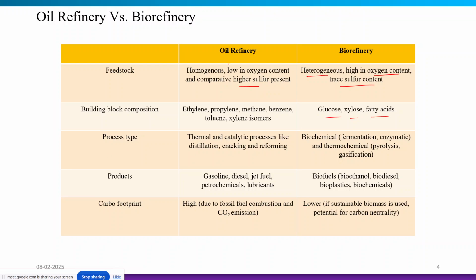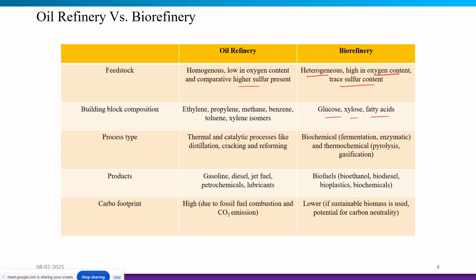Process type for oil refinery is thermal and catalytic processes like distillation, cracking, reforming processes, while in the biorefinery, it is biochemical processes that I have already discussed: fermentation process, enzymatic process. It also considers thermochemical processes like pyrolysis, gasification, and hydrothermal conversion processes.